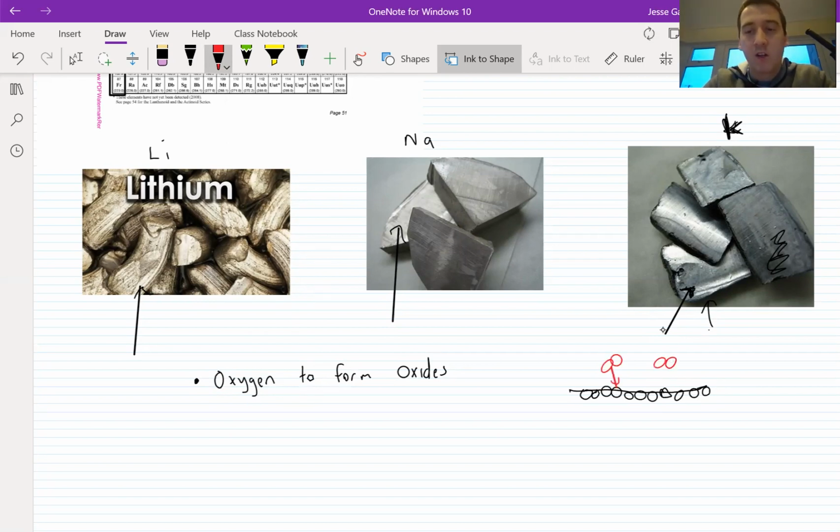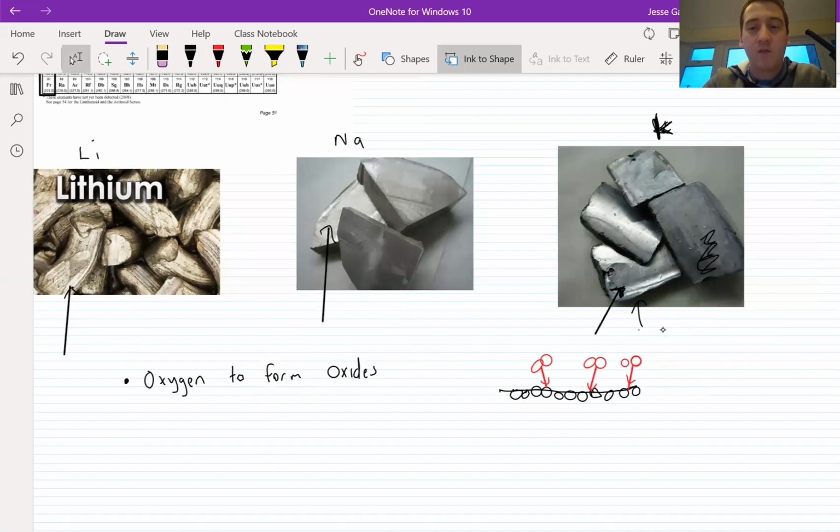So these oxygen molecules in the air, sorry, that one's a bit too big, that's an oxygen molecule. Eventually, what you're going to get is some of these are going to react and form lithium oxide, which is a new compound where some of the lithium atoms join to an oxygen atom like this.